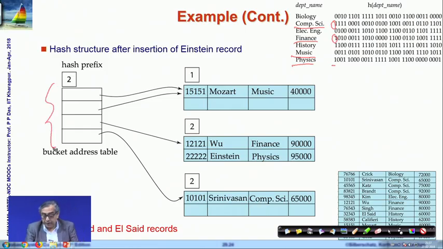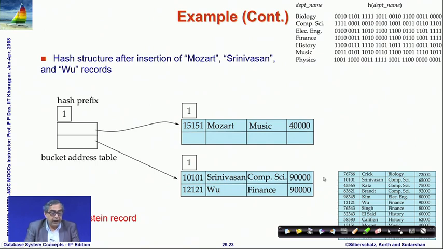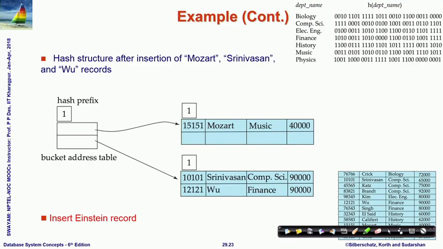So, earlier if I just go back, earlier we had only 2 entries because we are using only 1 bit in the prefix, and with that I could not have inserted Einstein, who is from department of physics, which also has a 1 bit prefix which is 1. I need more space.